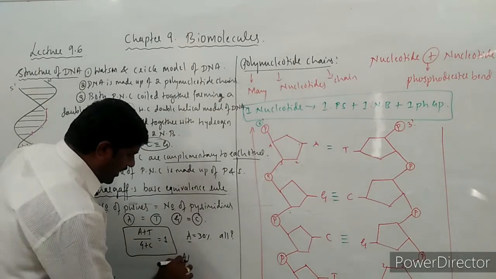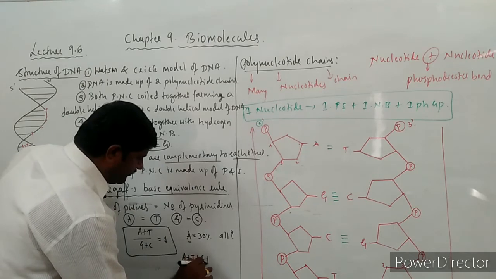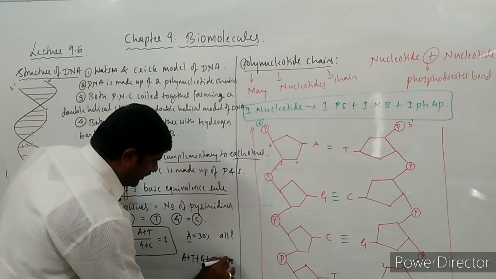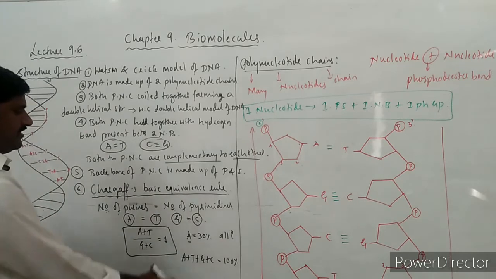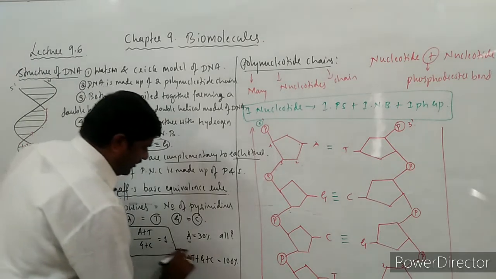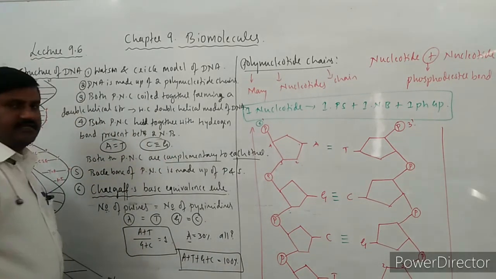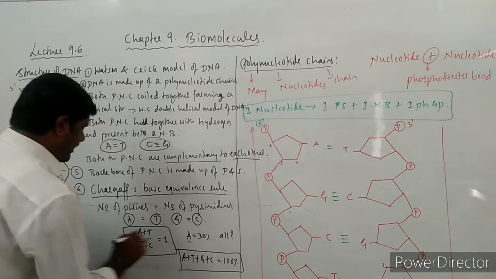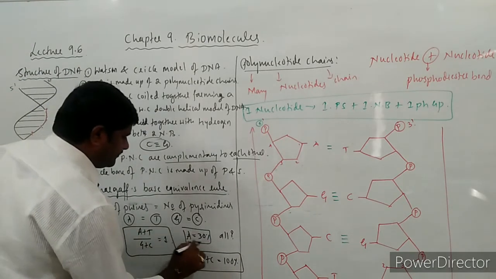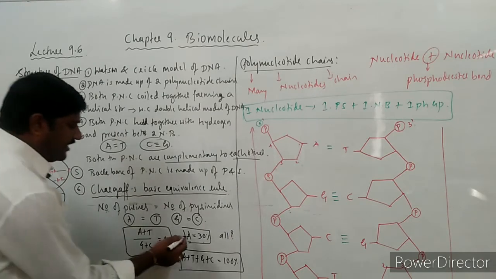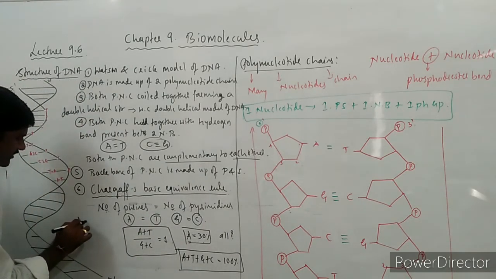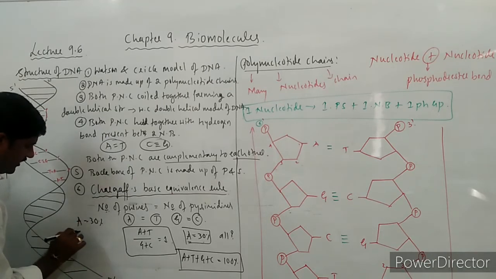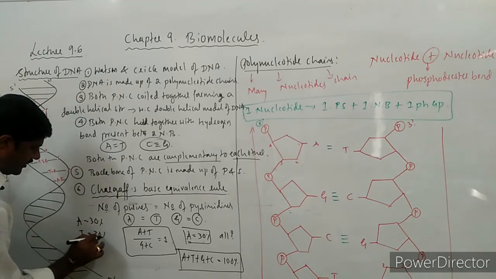See here, A plus T plus G plus C is equal to 100%. Remember, this formula must be in your mind. If A equals 30%, A is always equivalent to T, so T is also 30%.